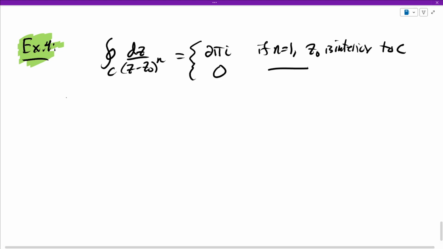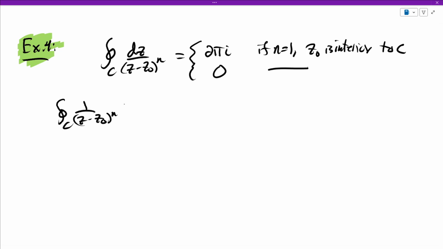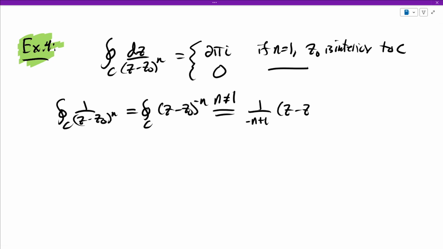Well, the real reason is that the integral over c of 1 over z minus z naught to the n is like the integral over c of z minus z naught to the negative n, which if n is not 1, is like a reverse power rule thing. It's like 1 over minus n plus 1 times z minus z naught to the minus n plus 1.